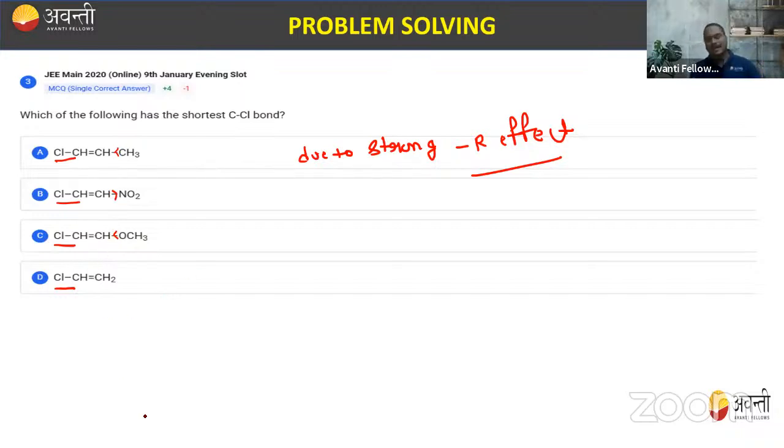So due to minus R or minus M effect, double bond character is introduced.